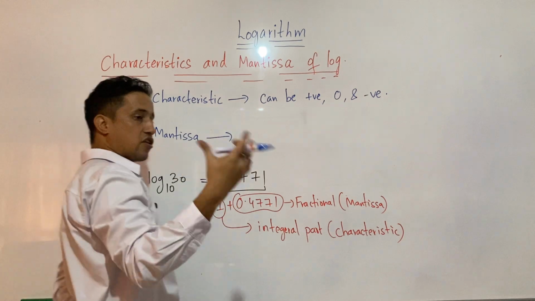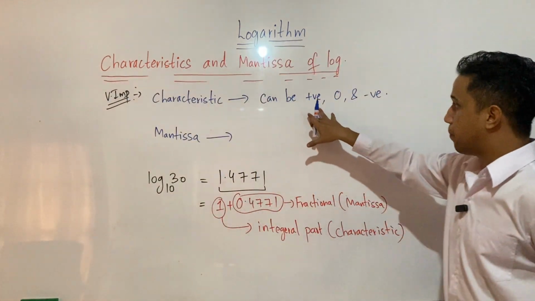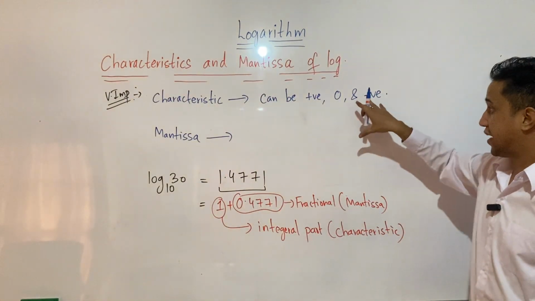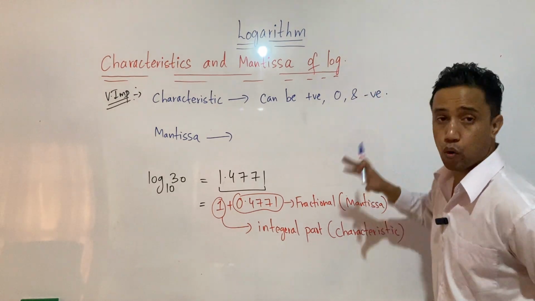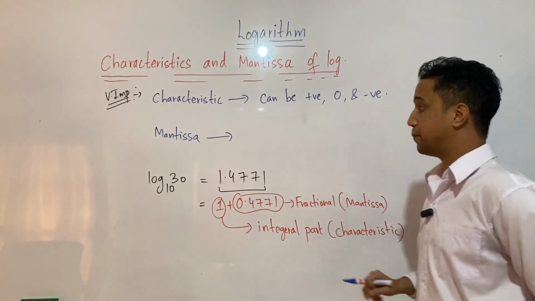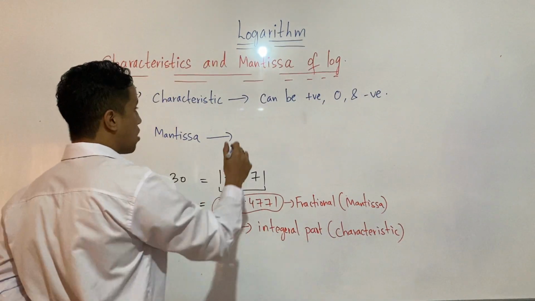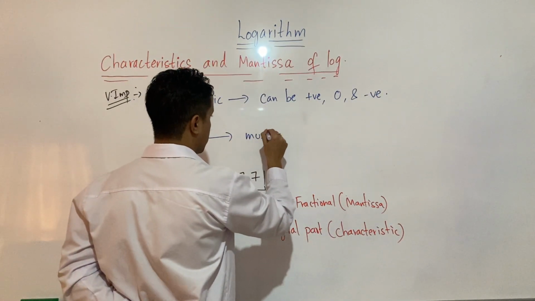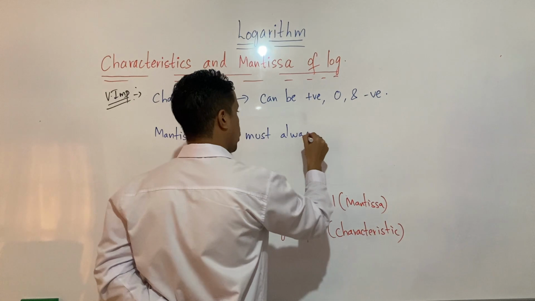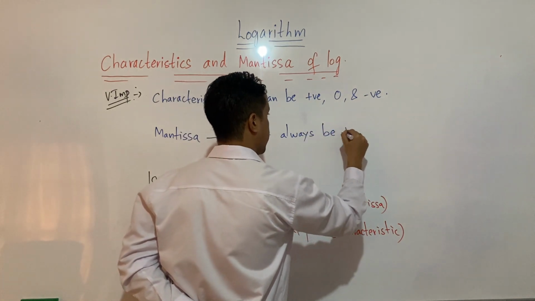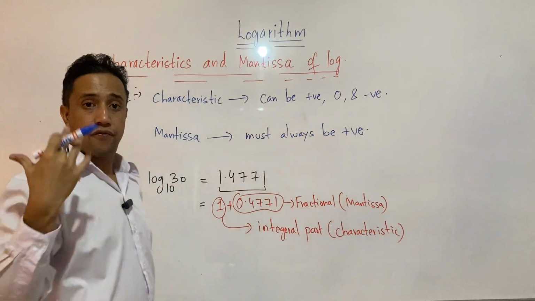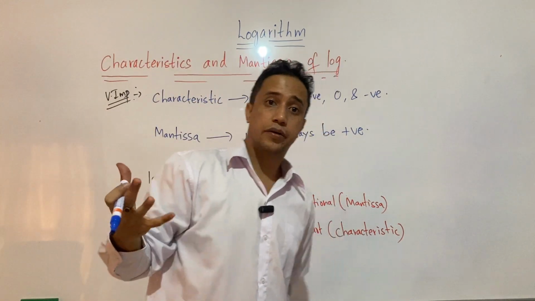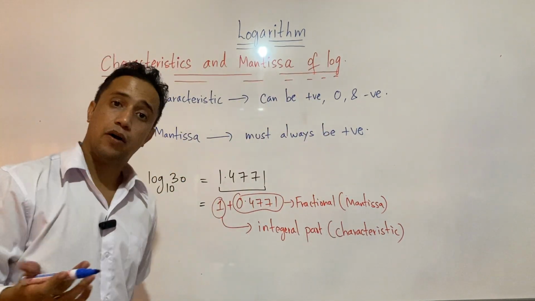The characteristic of a log can be positive, can be 0, and can be negative. I will show you how it can be negative. But the mantissa must always be positive.